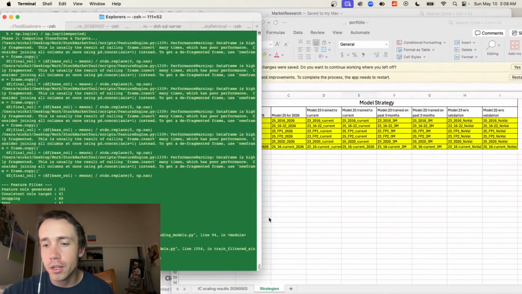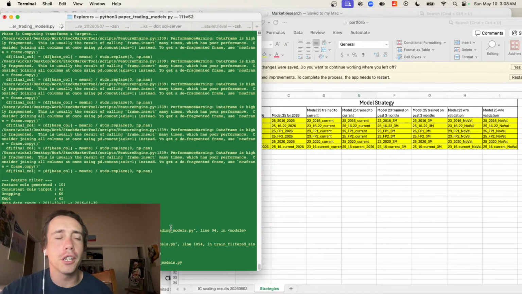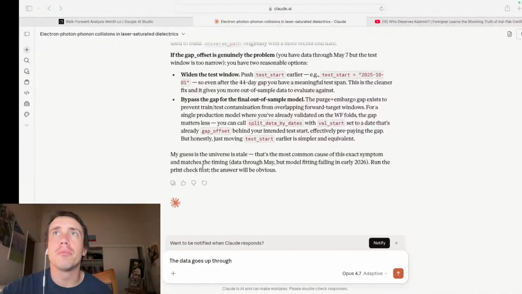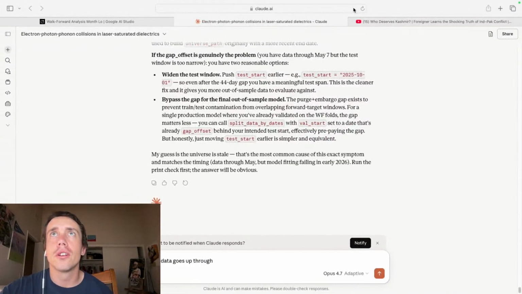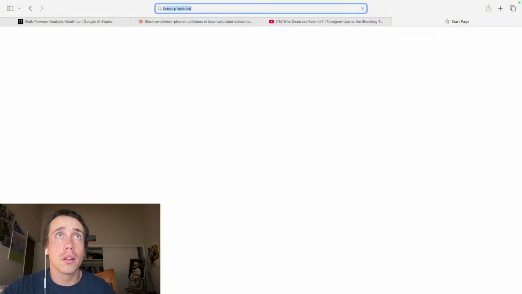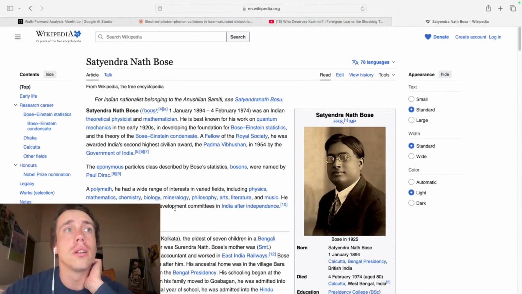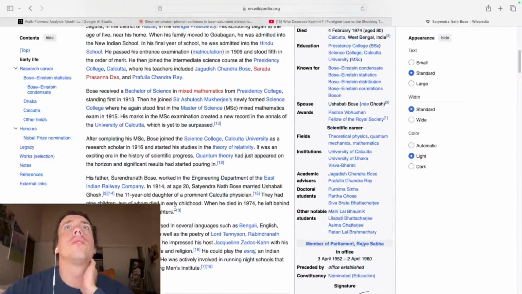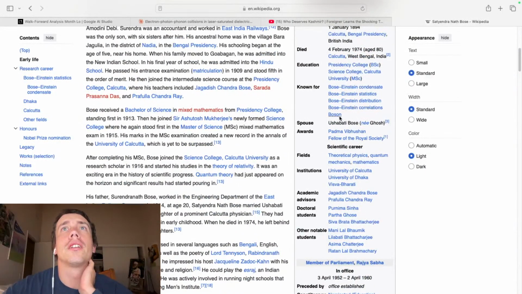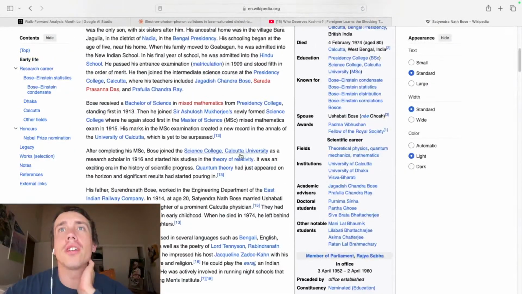Srinivasa Raman. That Hindu Muslim thing is also a propaganda. What is the propaganda? Bose, yeah, that's right. Bose proved plants have life. All I know is Bose from the Bose-Einstein equations. Known for Bose-Einstein. Yeah, this is all the stuff that I know. Oh, wait, is the boson named after Bose?